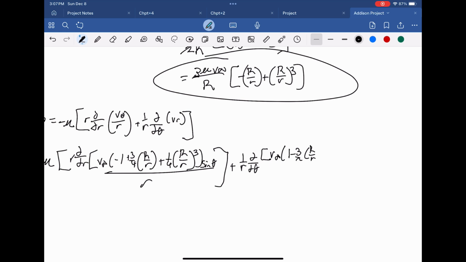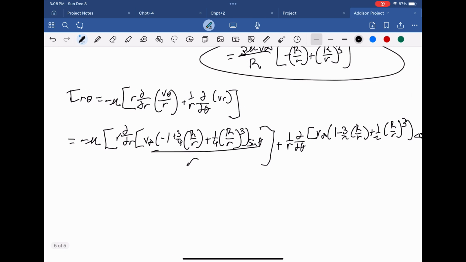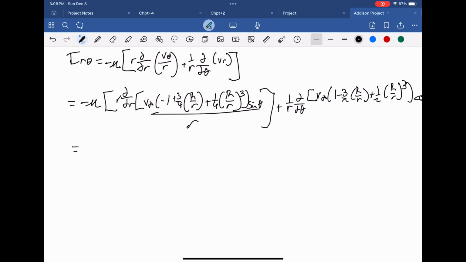3/2 r over r plus 1/2 r over r cubed times cosine theta. And now we're just going to be doing the partials. So for the first one, we're going to be doing low d high d low.